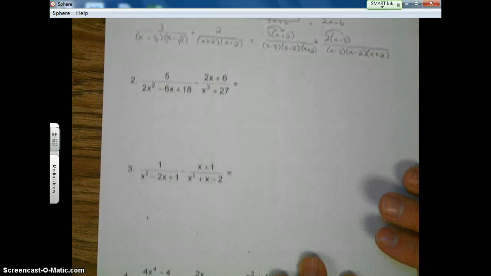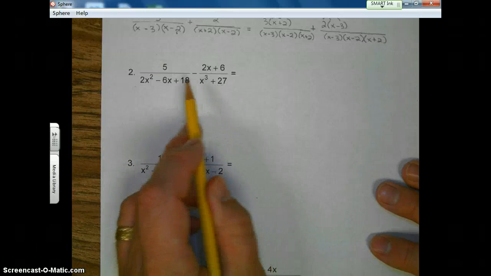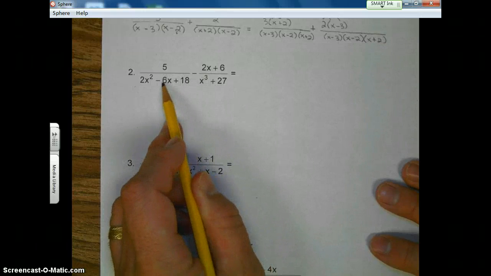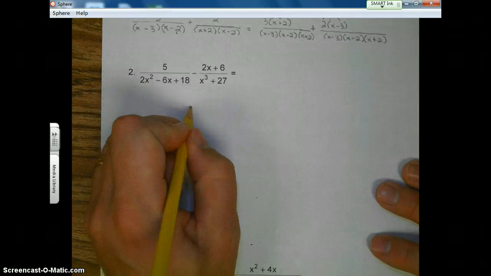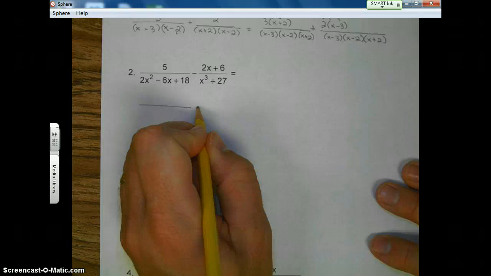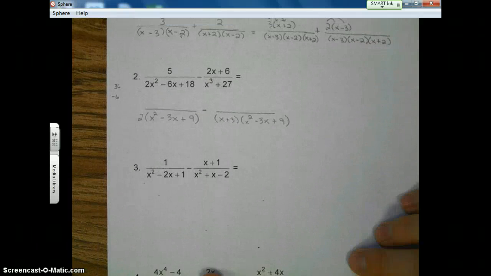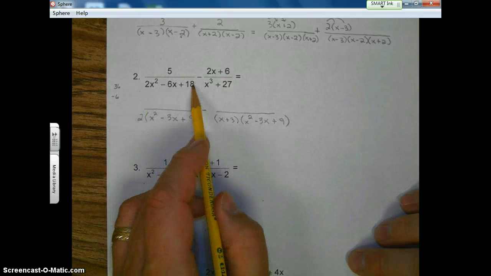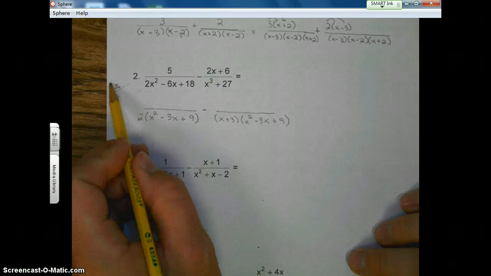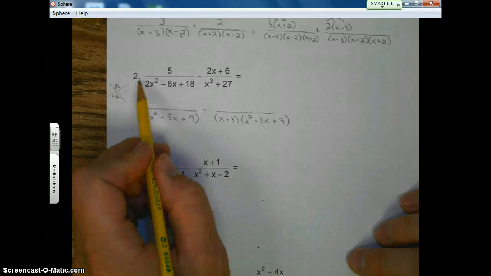Let's take a look at number 2. First step, we need to factor the denominator. So what I did is I started by multiplying a times c, and then I put my b on the bottom, and I could not factor this.